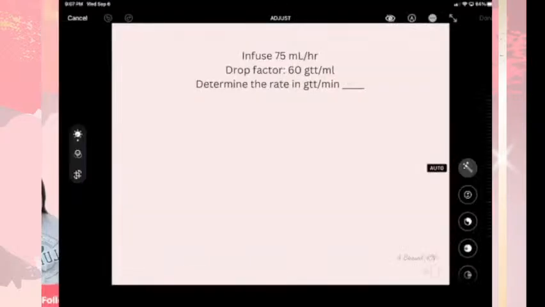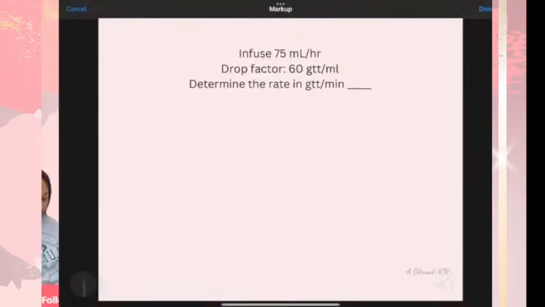Okay, one more. 75 mLs per hour. Drop factor is 60 drops per milliliter. Determine the rate in drops per minute. So we're going to do it the same way. Same OG. We are looking for drops per minute.